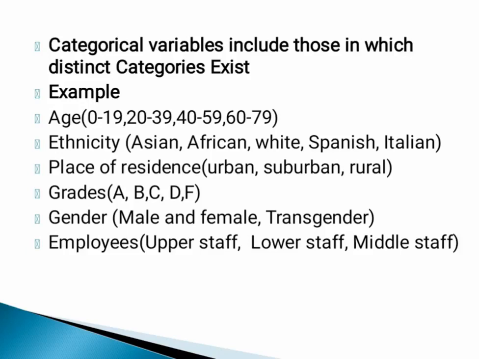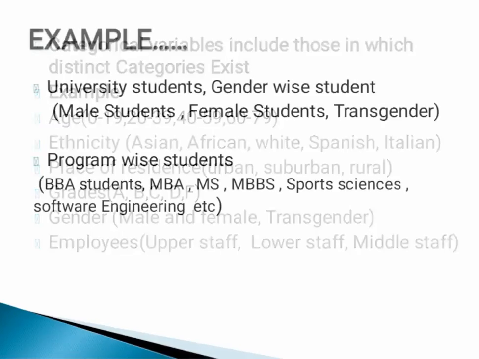Similarly, for grades, we can develop grades of different students: A grade, B grade, C grade, D grade, F grade, etc. For gender, we can make categories easily like male, female, transgender. Employees, like upper staff employees, lower staff employees, middle staff employees, managers, CEO, boss, and lay workers.